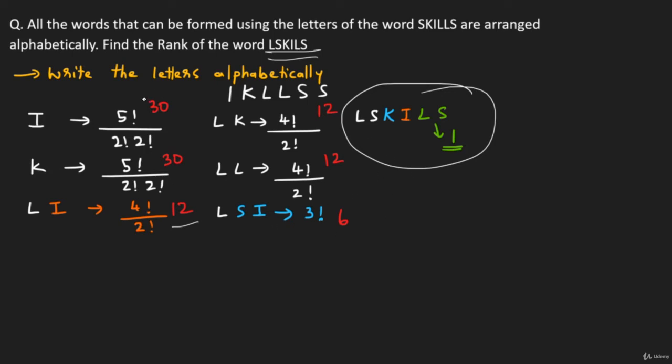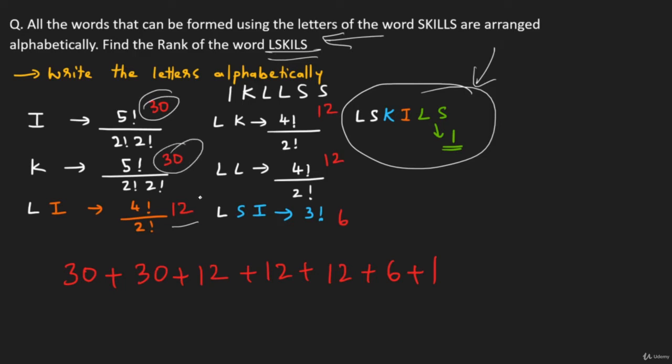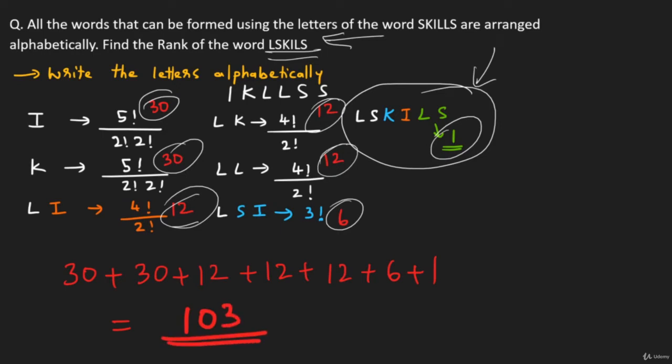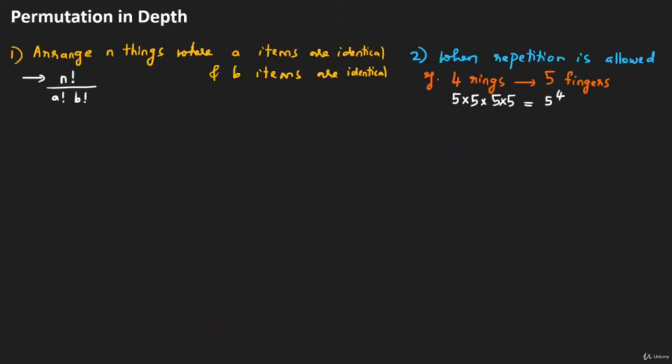And the next one after these many are over will be the one that we are finding the rank of. Therefore, the rank of this given word is equal to 30 plus 30 plus 12 plus 12 plus 12 plus 6 plus 1, which is nothing but the sum of these numbers, and that is equal to 103, which is your answer.